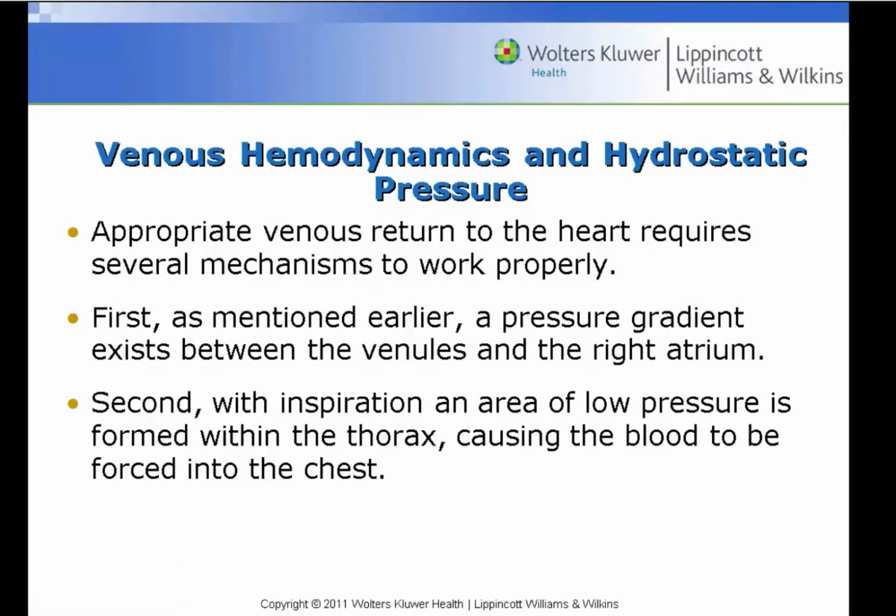So let's talk about those mechanisms. We already mentioned that a pressure gradient exists between the venules and the right atrium, and that keeps the blood moving towards the right atrium. Second, with inspiration, an area of low pressure is formed within the thorax, causing the blood to be forced into the chest.